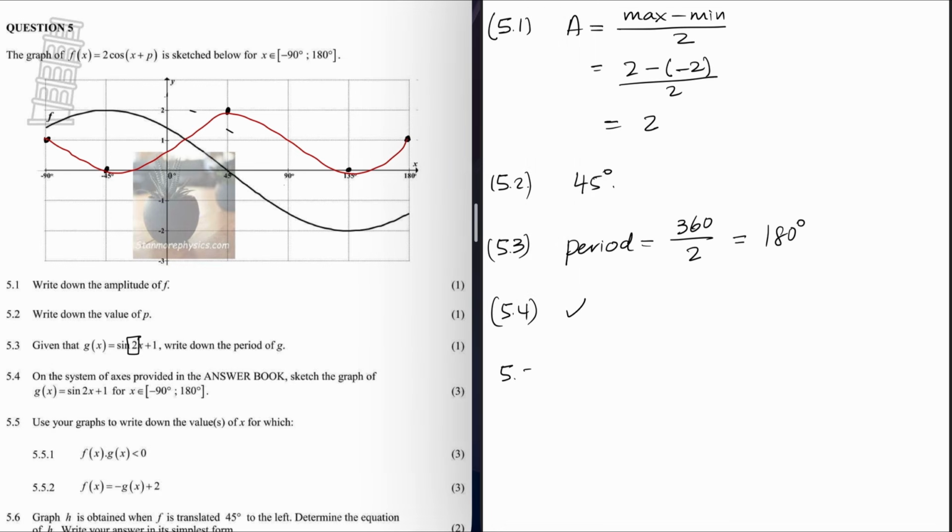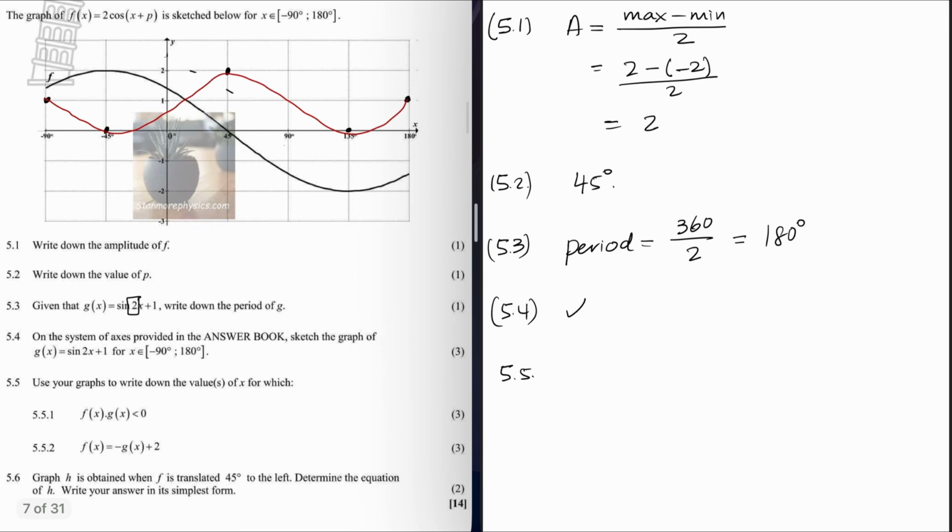Question 5.5, use your graphs to write down the values of x for which g of x multiplied by f of x is going to give me a negative value. So in order to get a negative value through multiplication, we need either f of x or g of x to be positive and negative, or vice versa. Now, because we've plotted g of x and g of x has no negative value, that means we are looking for where f of x is negative and where g of x is going to be positive.